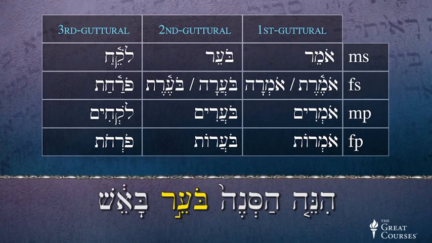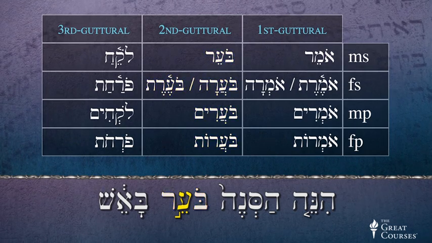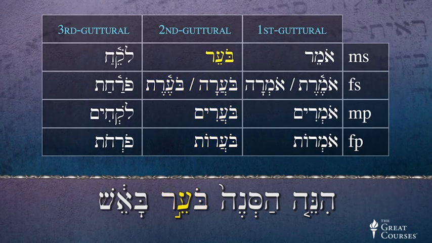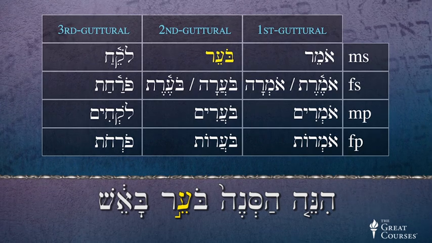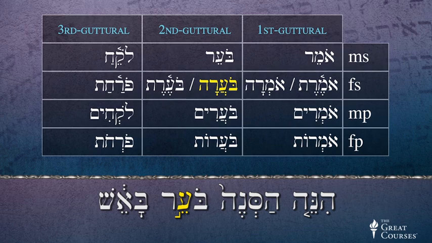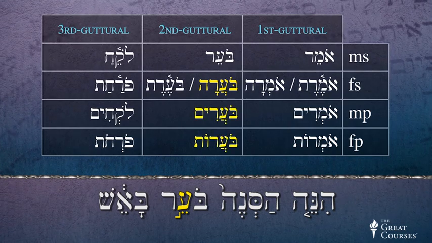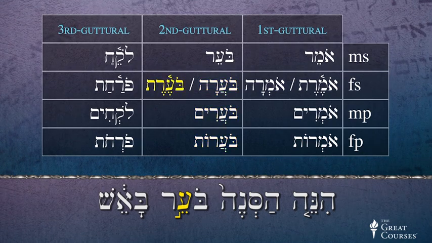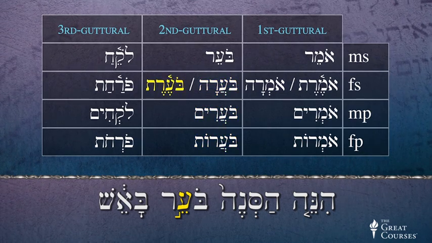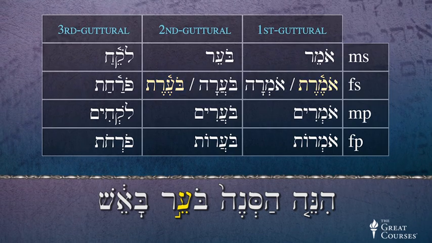Beit ayin resh. Second radical is a guttural, an ayin, and the masculine singular form is the same as always. There's no shva in that form. But the other 3 forms, bo'ara, bo'arim, bo'arot, all have a compound shva instead of a simple shva. Bo'eret, which also occurs, doesn't have a shva, so it's no different than omeret.